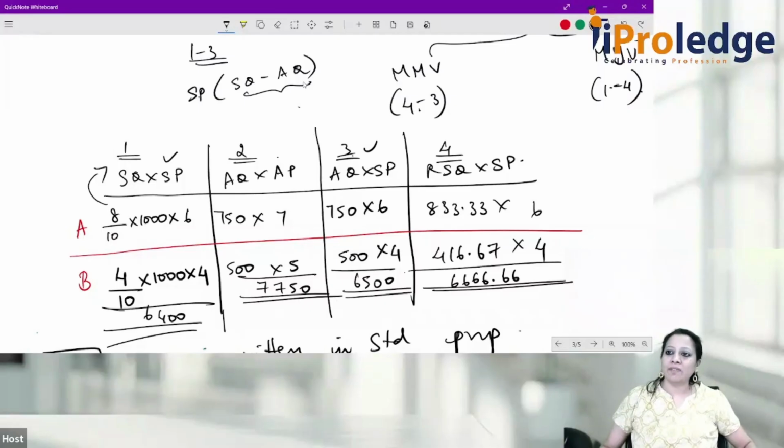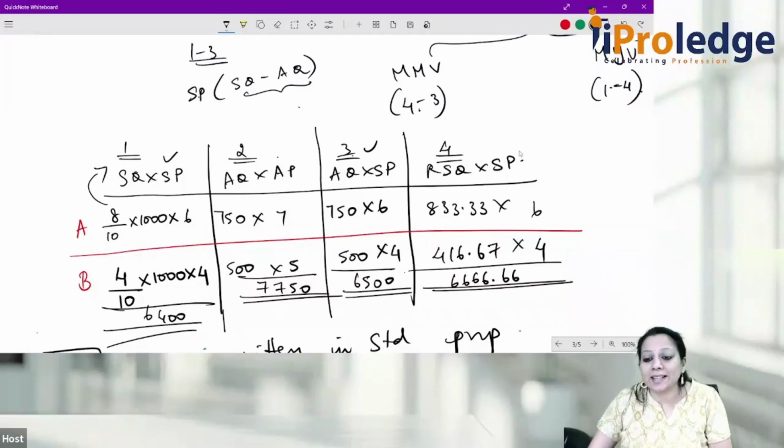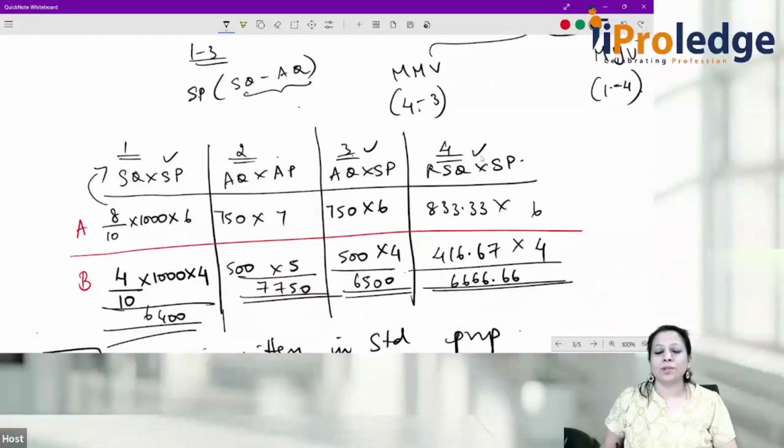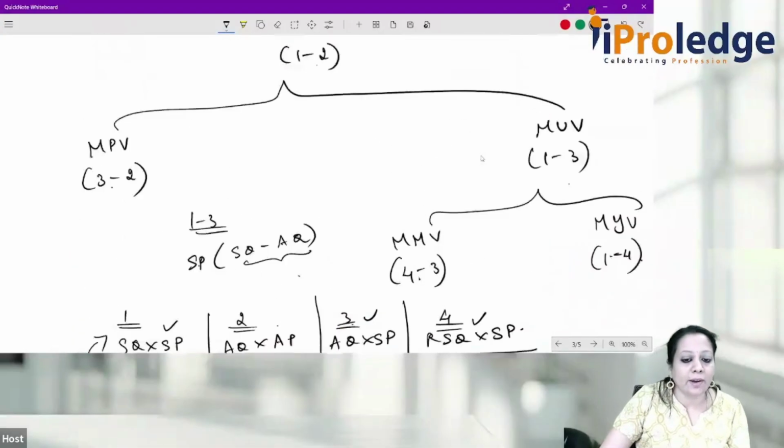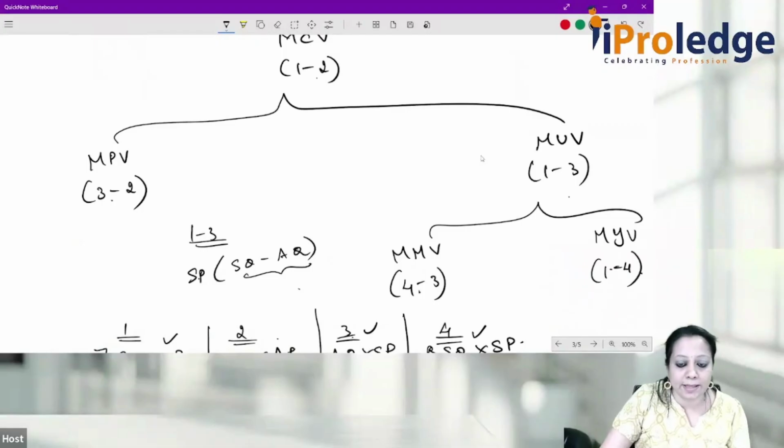For one car, I might have used even five wheels. Isn't it, students? So, is it used in the correct proportion? We are checking. That is why we have RSQ in the fourth thing. Okay. So, this is the logic. Because it's a marathon, I'm shrinking my explanation to whatever is required from an exam point of view. Apart from this, if you have any logical doubts, please do come and ask.